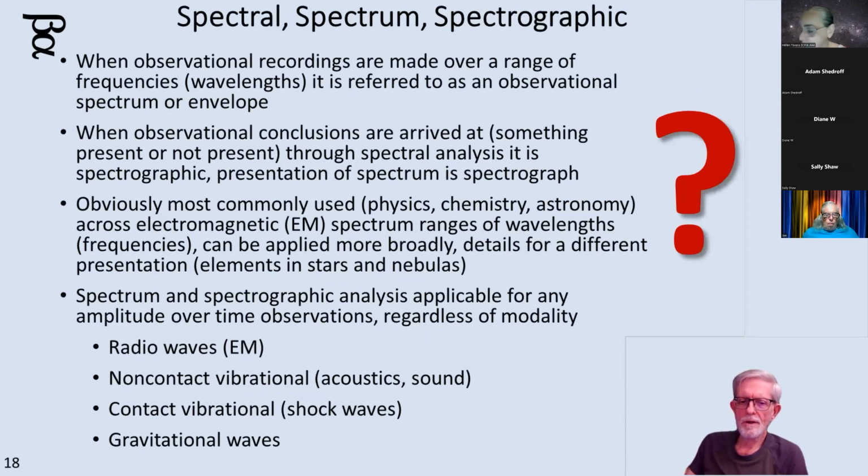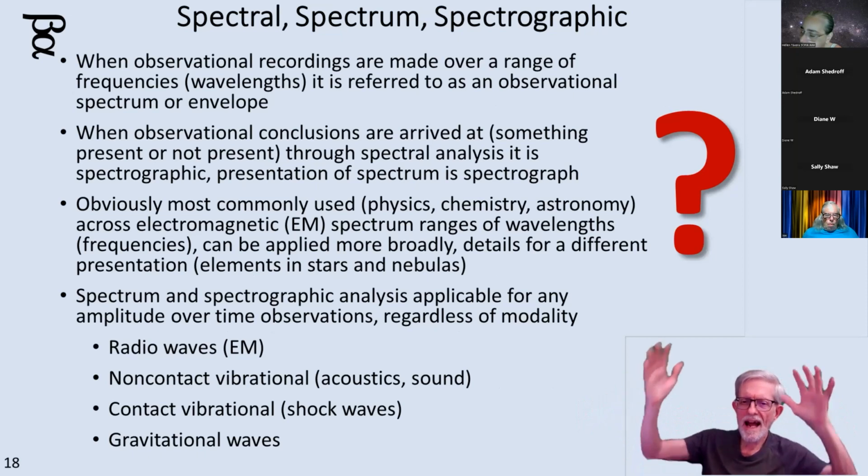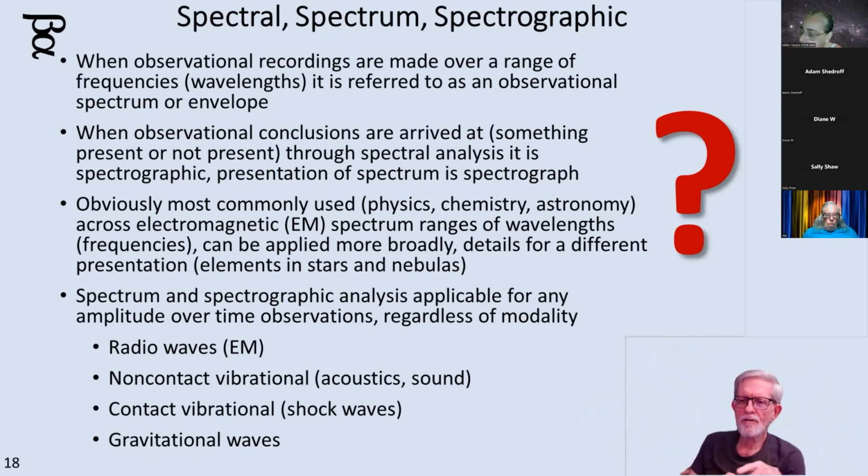So when it comes to physics and chemistry and astronomy, and even some electromagnetic spectrum, once I have my waveform going over a series of frequencies and I have my amplitudes, I can look for my signal, and then, hey, there's a black line there. That's an absorption line.